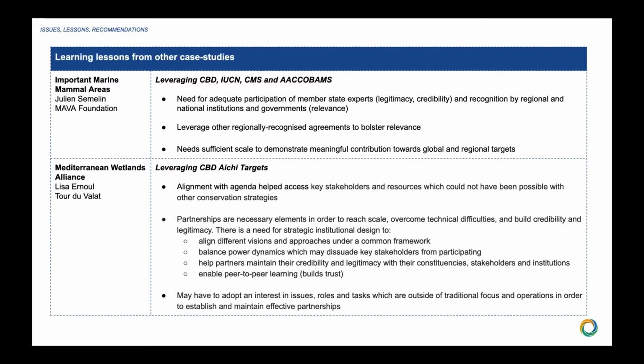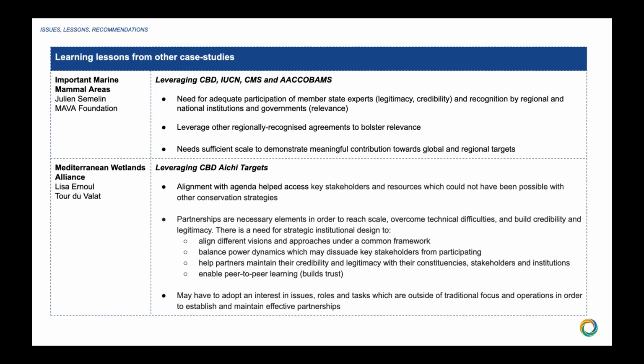And so you need a very strategic institutional design to align the different visions and approaches of your different actors involved. You will need some sorts of mechanisms to balance power dynamics amongst these actors within your partnership. And when you're balancing those power dynamics, that also helps these partners maintain the credibility and legitimacy within their own constituencies.